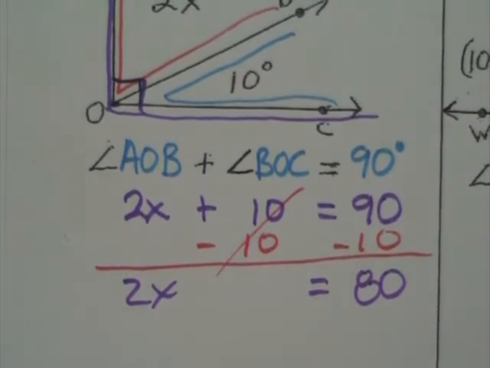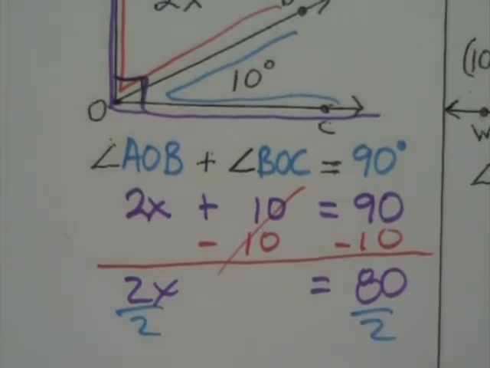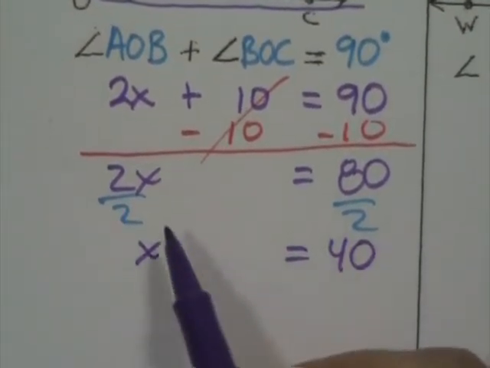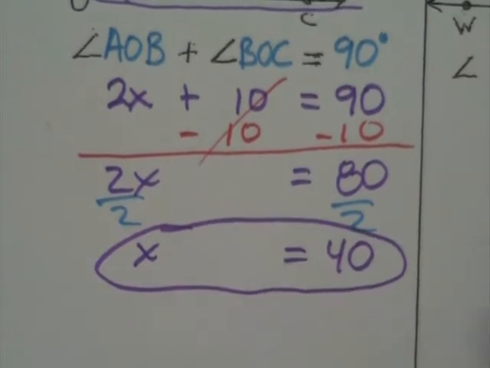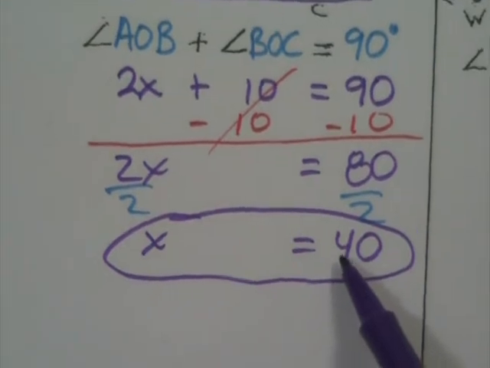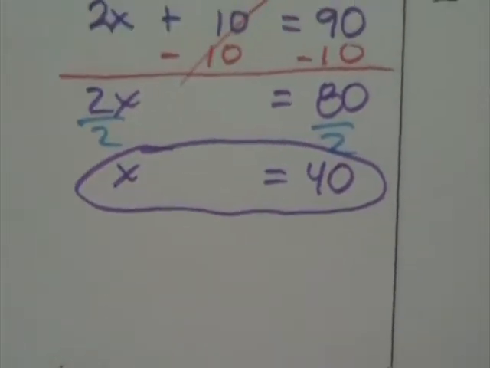Now, in case you cannot see the answer, you would simply divide by 2. And we get 2 goes into 80 40 times. All right, now that's not our answer. That's just what x is. X is 40.